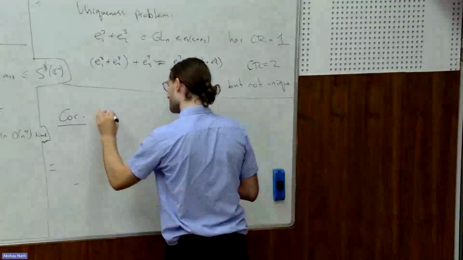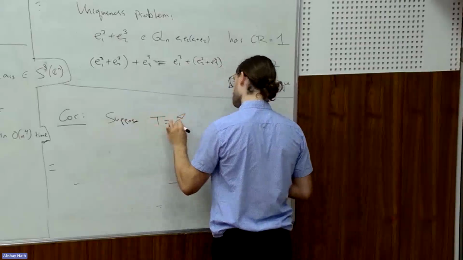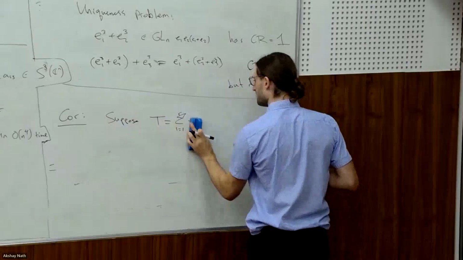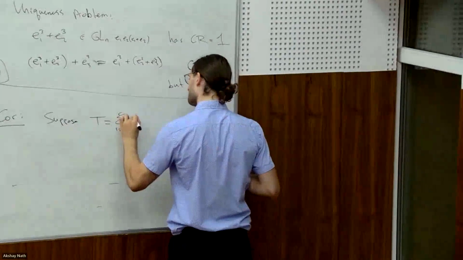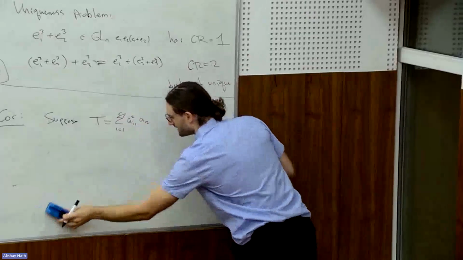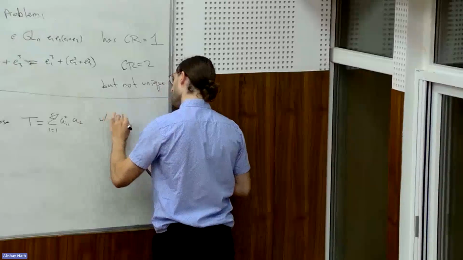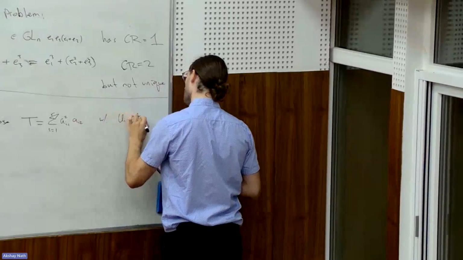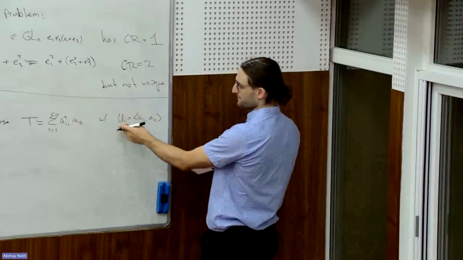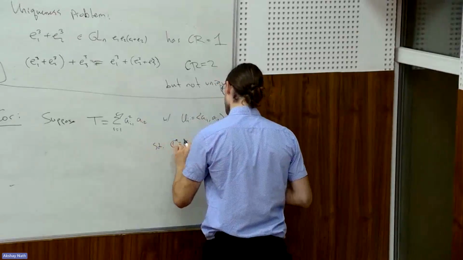Suppose T is a sum of some W tensors with the U_i, which is the span of A_i1, A_i2, A_i3, with these being in direct sum with each other, such that C^n equals U1 plus and so on.